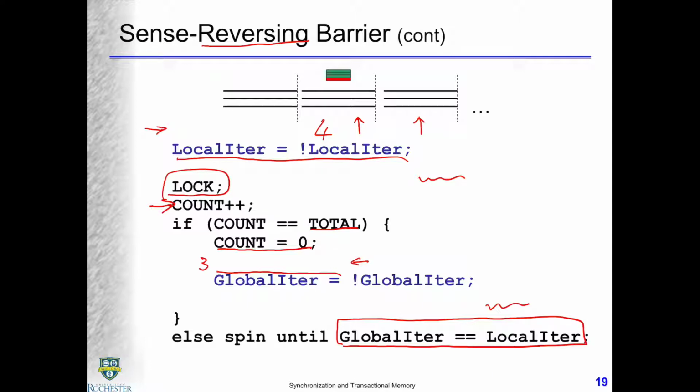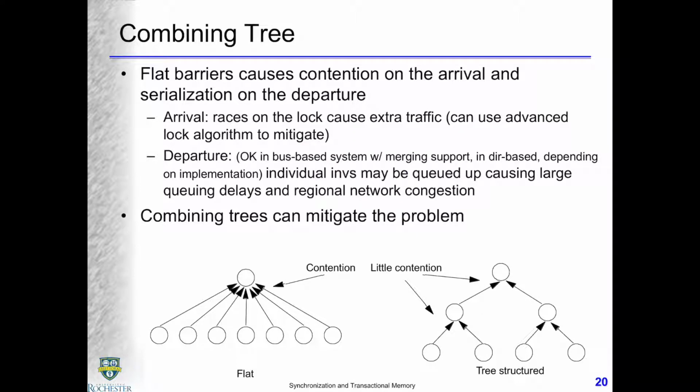So how can we solve that problem? One solution being proposed is to decentralize. Let's not all go to the same lock. And here we use the notion of a flat barrier versus a more hierarchical one. What is a flat barrier? That means every node, node 1, node 2, node 3, and so on, all want to grab one lock and update it.